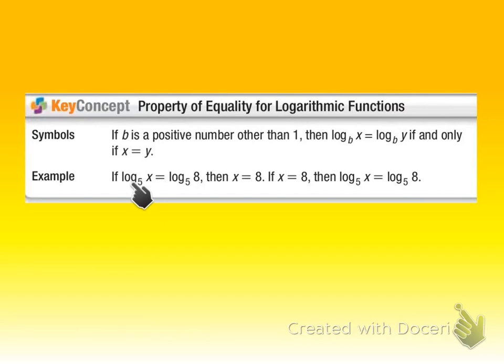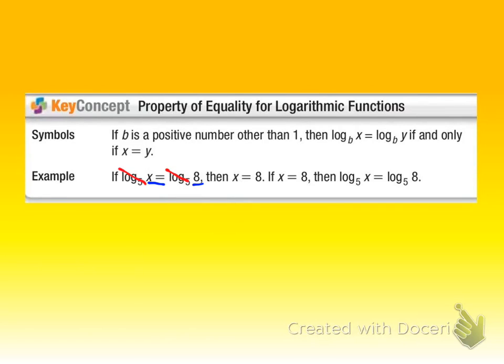So if this log with this base is equal to this log with this base, you can basically do what with the logs? Cancel them, right? Because if we have log base 5 of x equals log base 5 of 8, then x equals 8. The only thing that changed from here to here was you canceled out the logs, right? Leaving you with x equals 8.